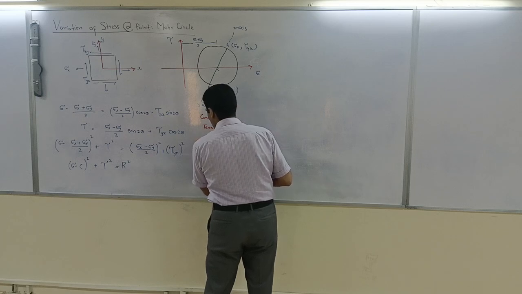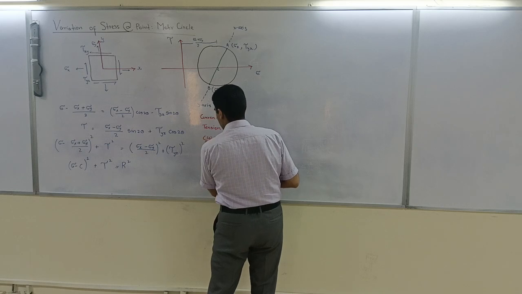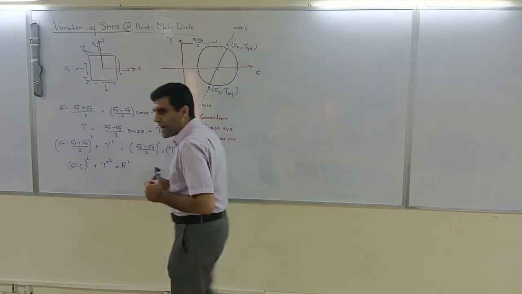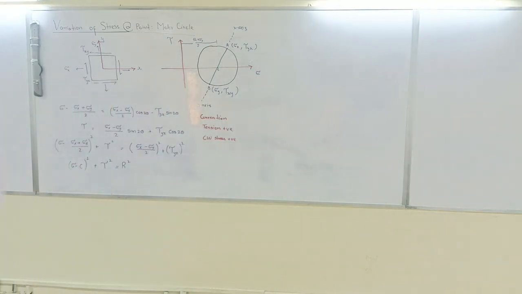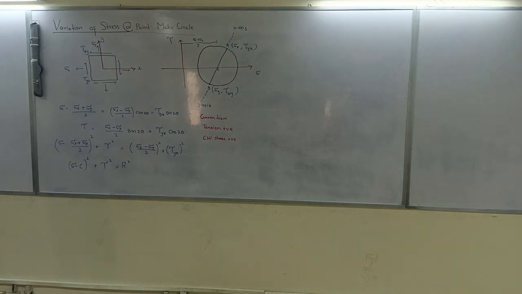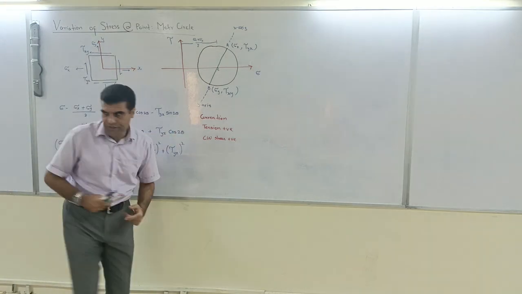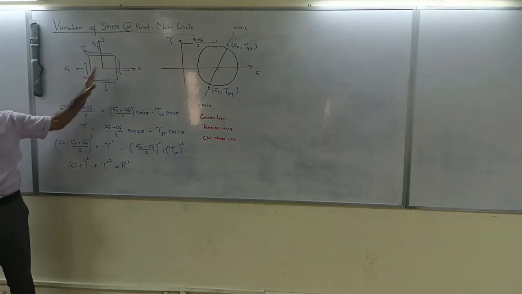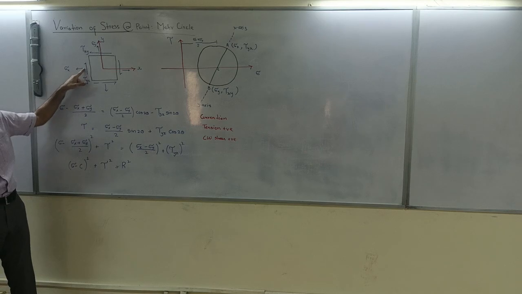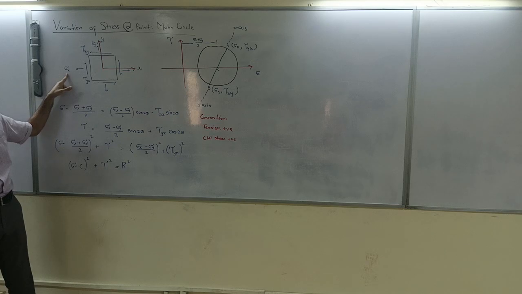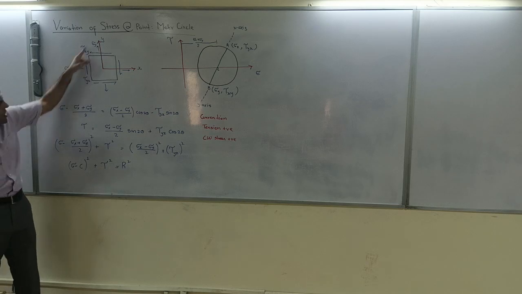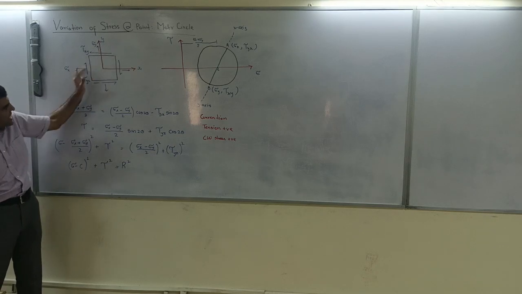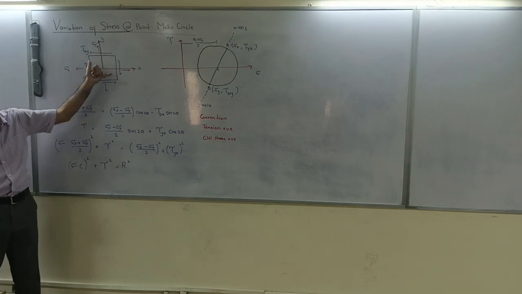And clockwise shear is positive. So any face which is causing clockwise shear and which is causing tension is positive. Now this is the element which is known. See over here at this point, we have stress x as positive, and this shear is trying to rotate the element in the clockwise direction.